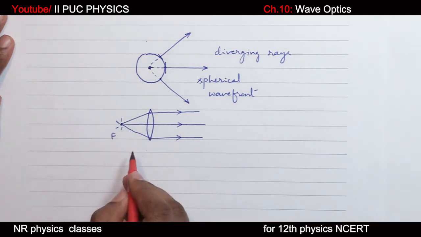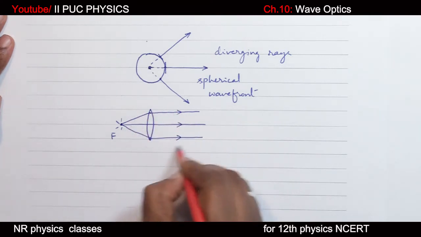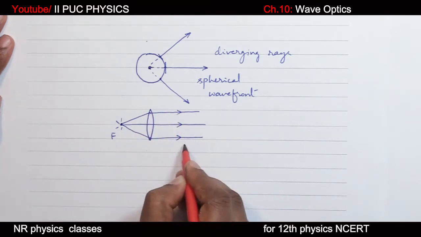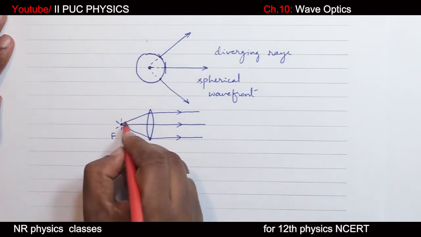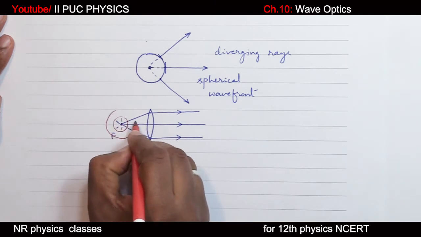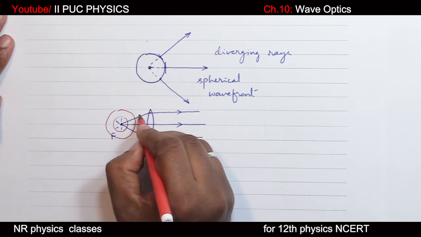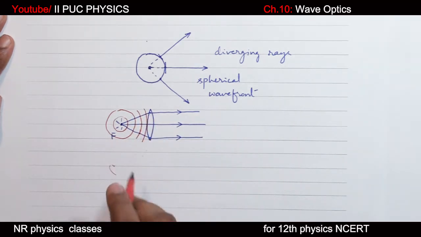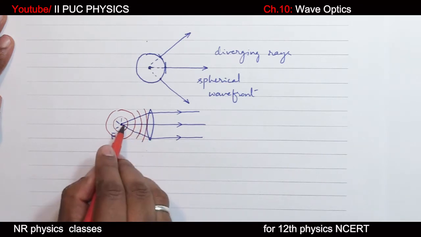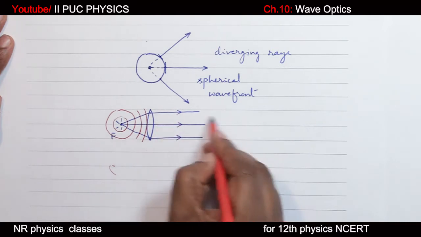Now, if we use such diagrams, then we are making use of ray optics. Rays are drawn. Now, point source: since it is a point source, we get spherical wavefronts. These are spherical wavefronts, diverging rays. A parallel beam of light means plane wavefront.